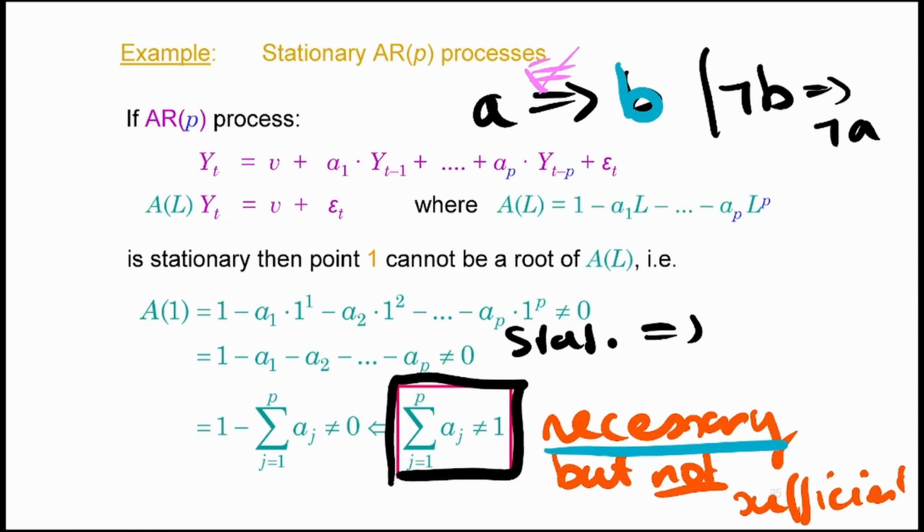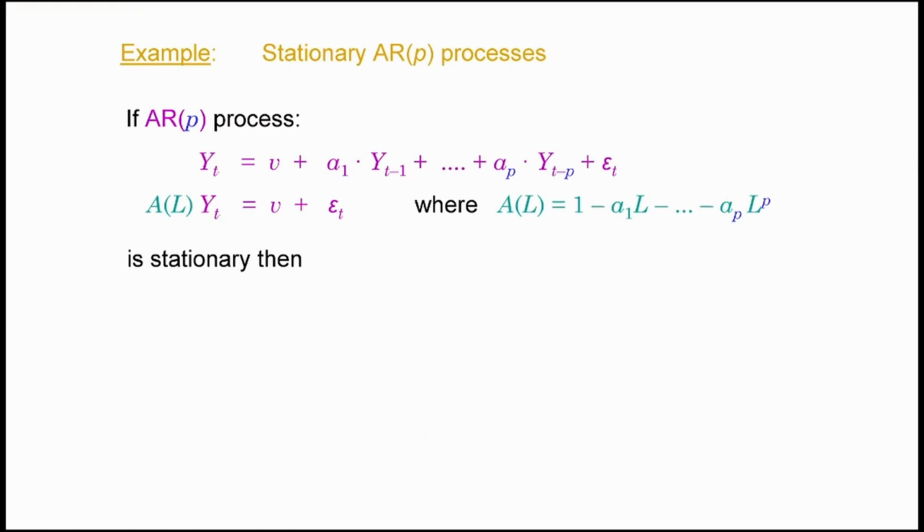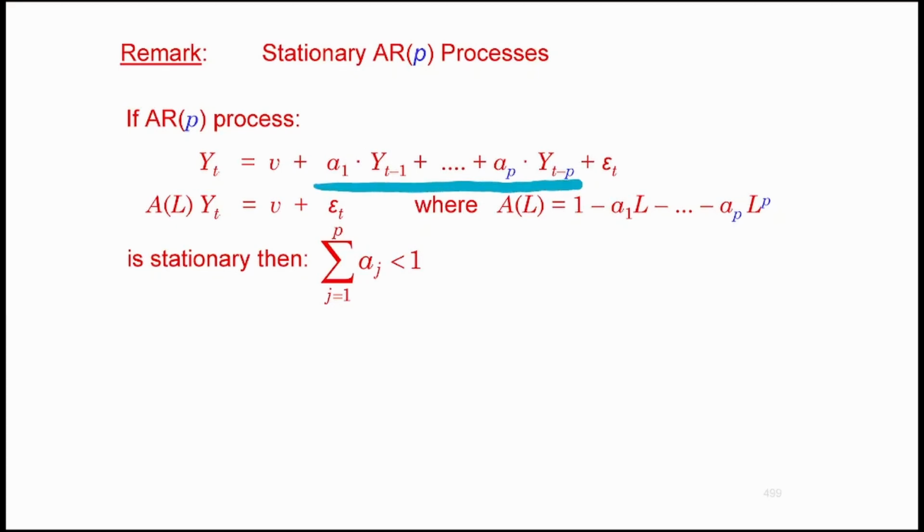I'm going to extend this a little bit. This is also true that the sum of the coefficients is less than 1. What does that mean? That means that the impact of past observations is not disproportionate for future observations.